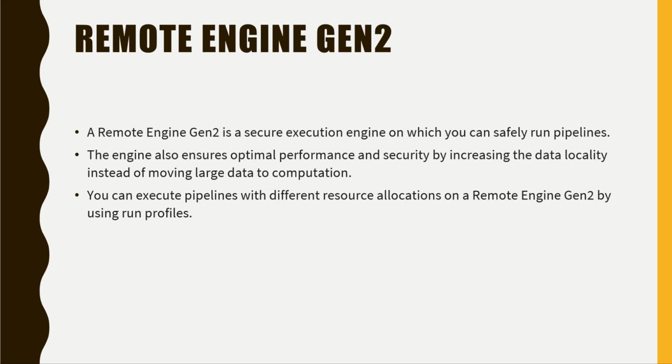You have control over your execution environment and resources, as you are able to create and configure the engine in your own environment, which is a VPC or on premises. The engine also ensures optimal performance and security by increasing the data locality instead of moving large data to computation. You can execute pipelines with different resource allocations on a Remote Engine Gen 2 by using run profiles.